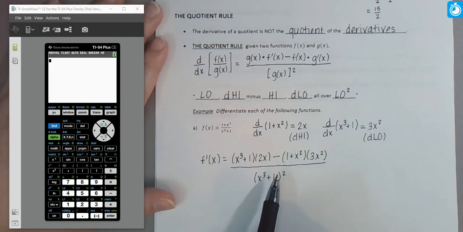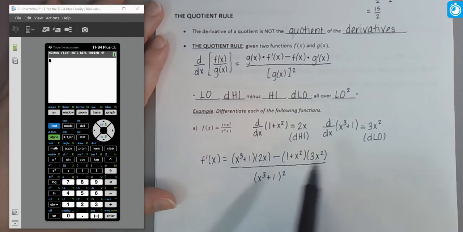Rather than actually distributing all of this, in other words, squaring that binomial, typically we can just leave that denominator in that factored form, and that will be completely acceptable. But again, it's really just going to depend on the situation. Ultimately, it boils down to how much can you simplify. Anytime we have a numerator and a denominator, there's always the possibility of having common factors in each that can reduce to 1.